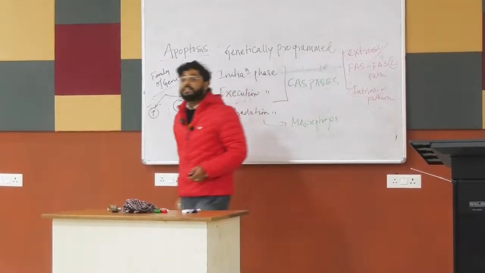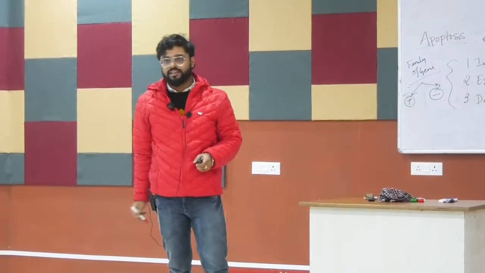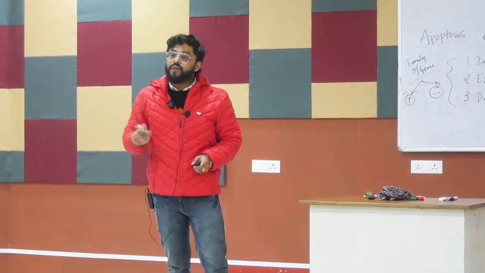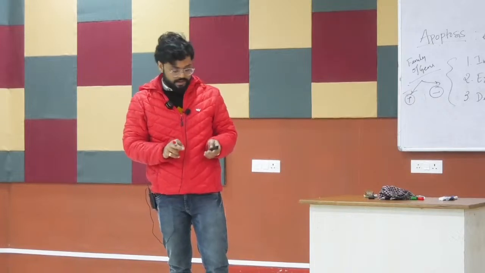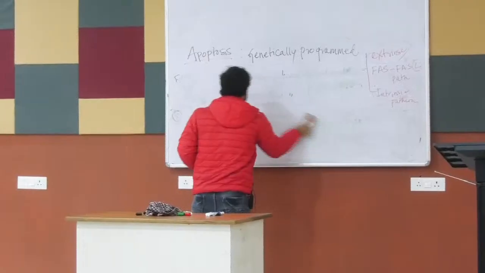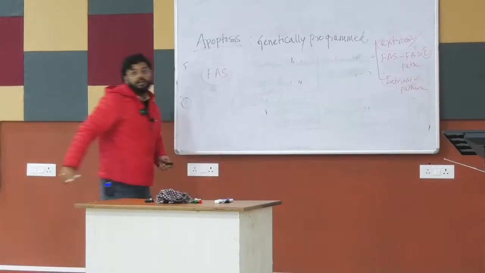Extrinsic means there is some injury or some kind of response outside the cell. Against that response, there will be activation of Fas. Fas binds with the Fas ligand. Fas is present in the cell membrane.